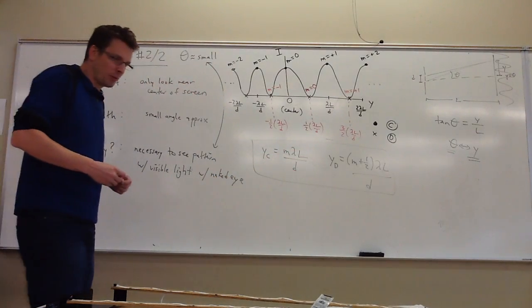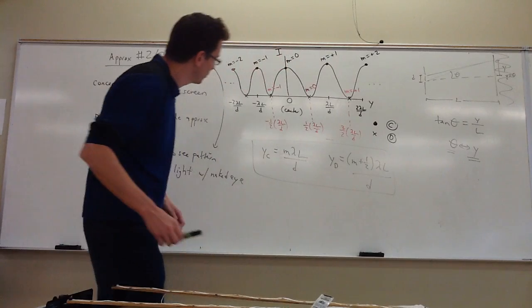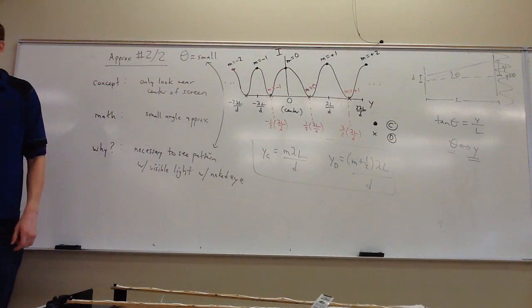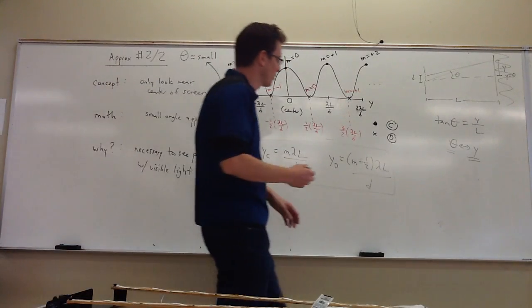The thing that I want to point out, and this is actually going to help me to understand the first of my two approximations, is that this pattern is extremely regular.